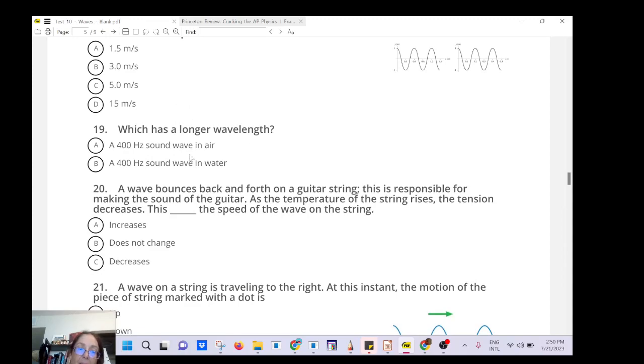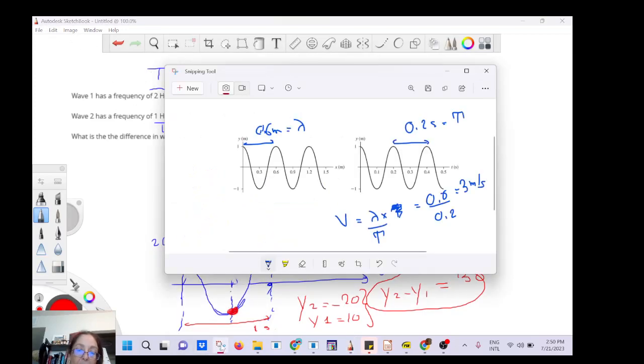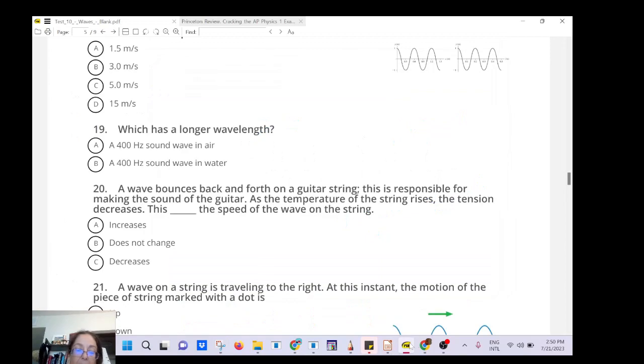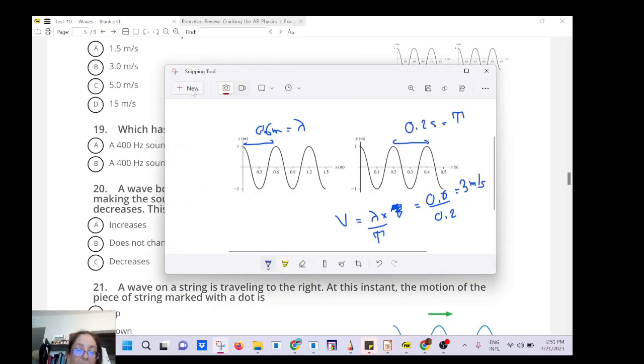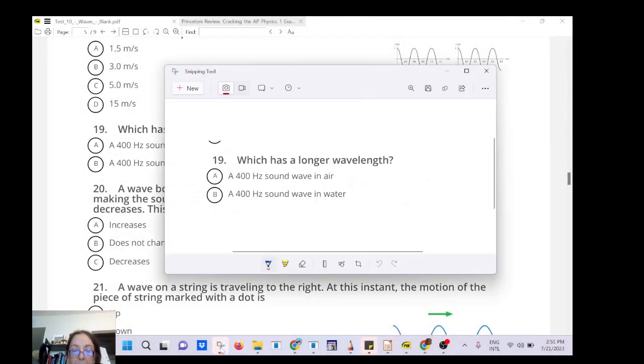Which has a longer wavelength? Here it's not a tricky equation, but a sound wave will not behave the same as a light wave. If you have sound, when the molecules are close to each other, the sound will move faster because it will be easier for them to pass on the disturbance.